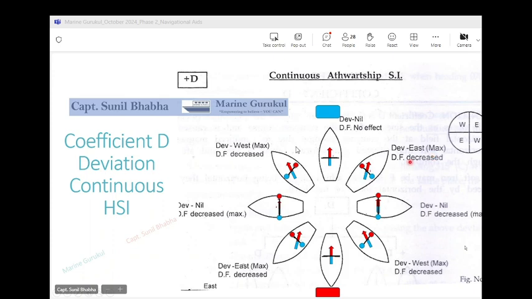Why is it maximum? You can easily understand it. If the vessel changes its heading and moves toward the northerly heading, you will see that the athwartship beam is lesser aligned with the magnetic field of the Earth.